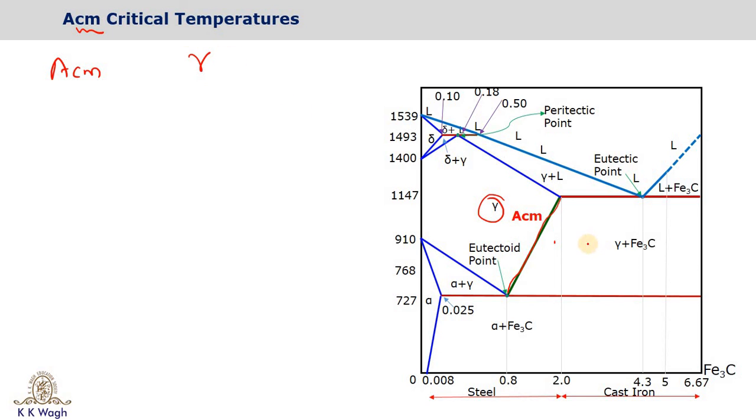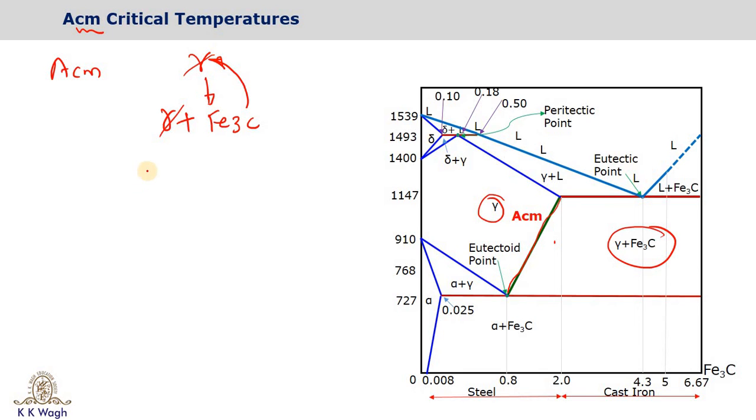What is present below ACM? It is gamma plus Fe3C. So I will write here gamma plus Fe3C. So what is common? Gamma is common. That means the Fe3C is to be changed to the gamma as the temperature increases during heating.